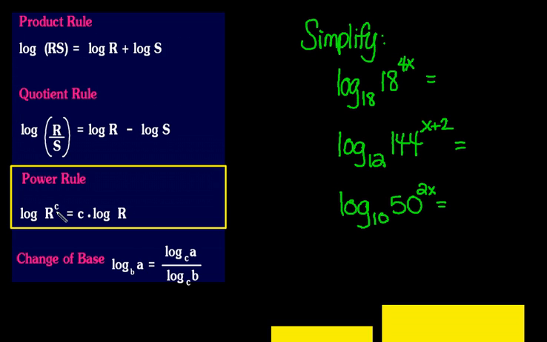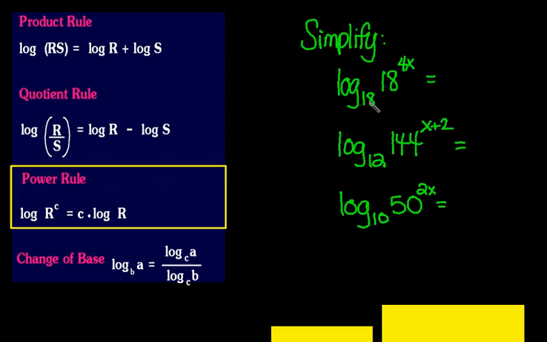Okay, the power rule indicates that if I take log base something of a number or variable raised to a power, I can take that power and move it in front of the log and do that power times the log. So when I see this, I know to move this in front. So let's take a look at the first example.